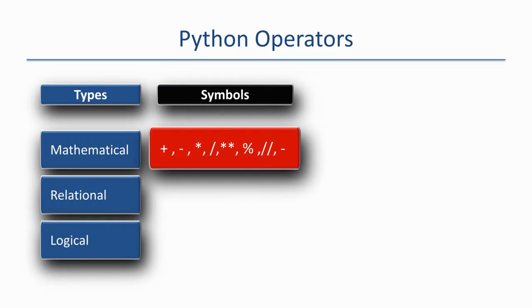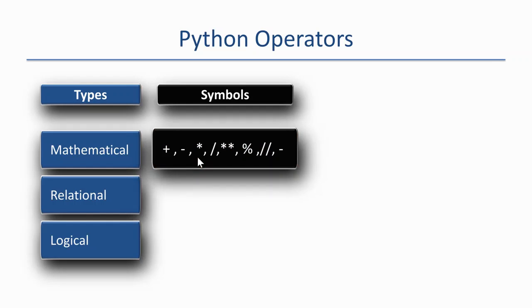For example, the symbols which are used for mathematical operations are plus sign, minus sign, asterisk, which stands for multiplication, slash, which stands for division, double asterisk, which stands for exponential, percent sign, which stands for modulus operation, double slash, which stands for whole division, and a unary minus sign.